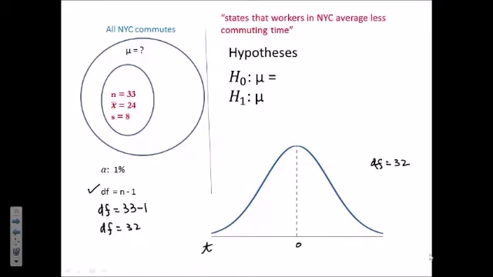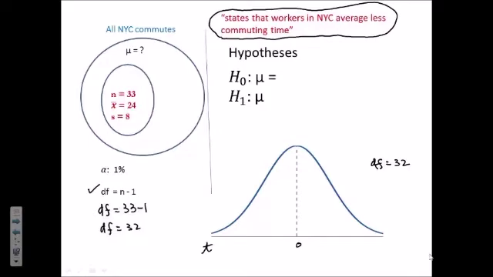Next, we have to establish our hypotheses. To do that, you read the problem over again and look for the claim or the belief that we're going to test. Well, the problem says workers in New York City average less commuting time. The commuting time is less than the national average.